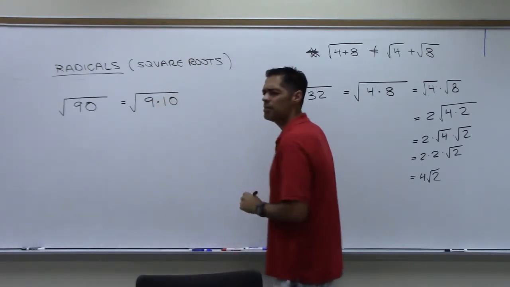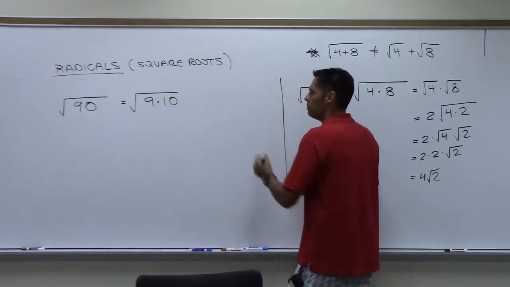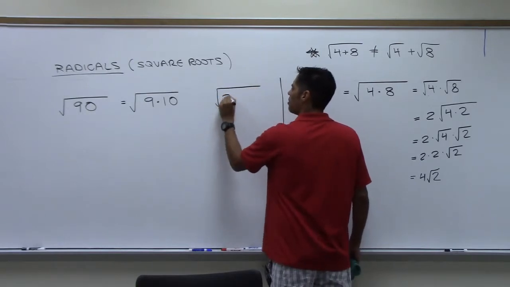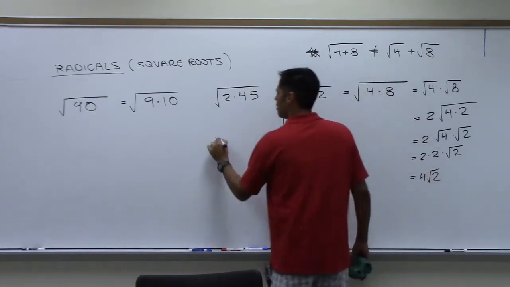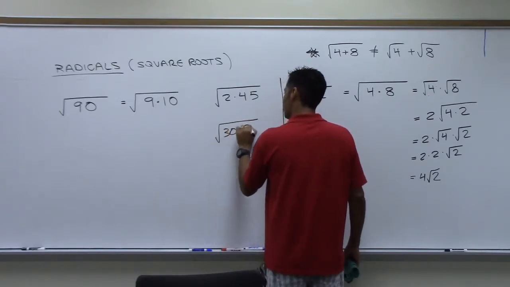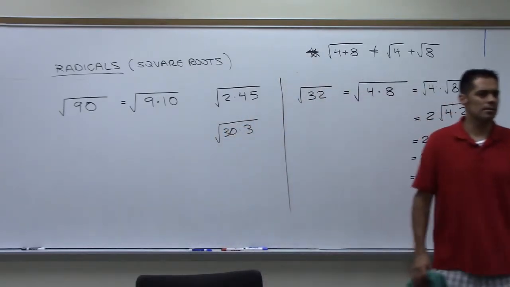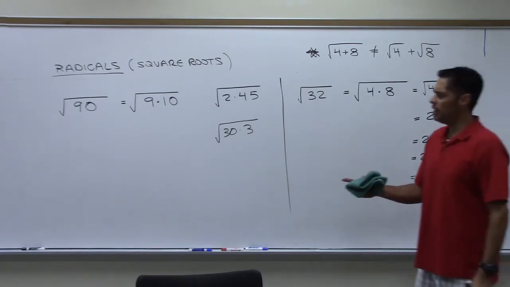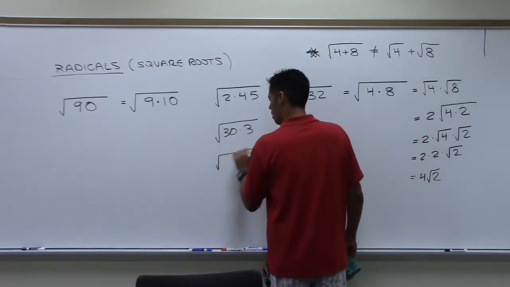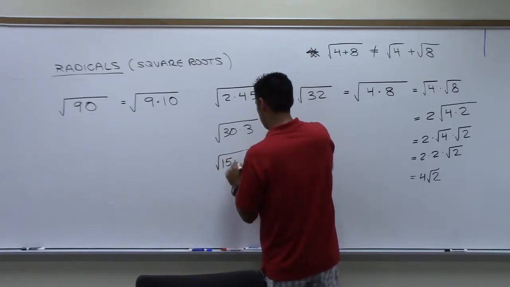Can you think of any others that might be more efficient? I heard 2 and 45, 3 and 30. Can't really think of anything else off the top of my head. 15 and 6.